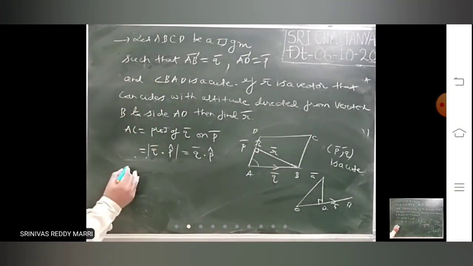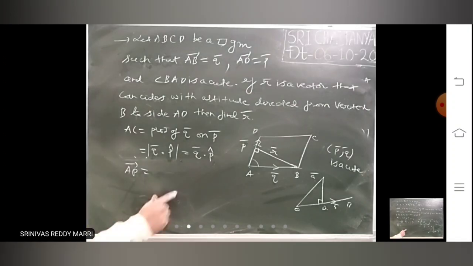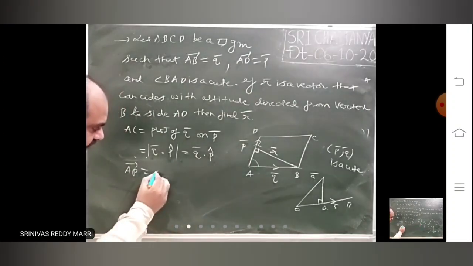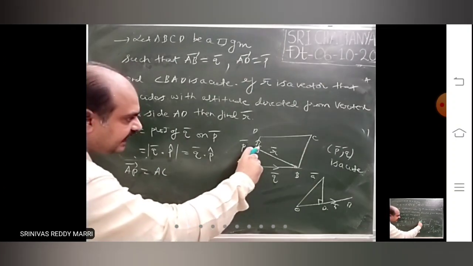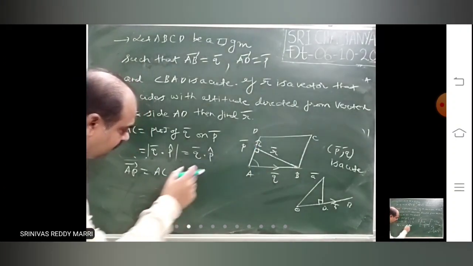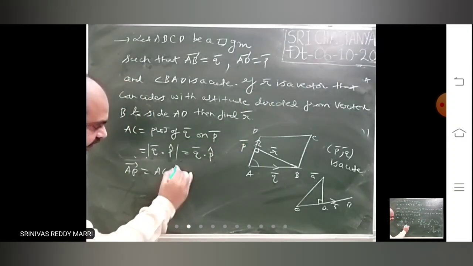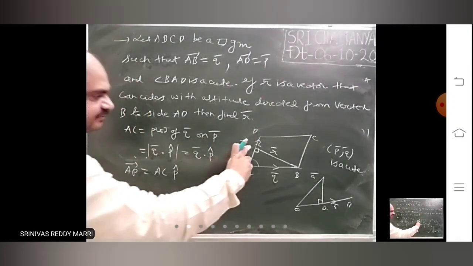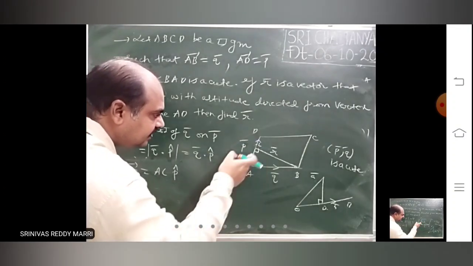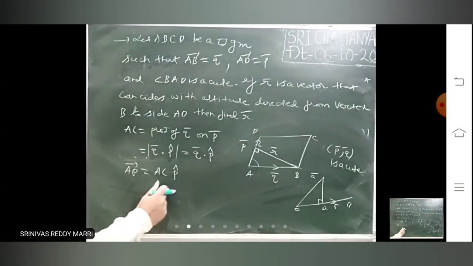Now I want to calculate AP bar. AP bar is nothing but the AL length into the unit vector in the direction of P bar, that means P cap.